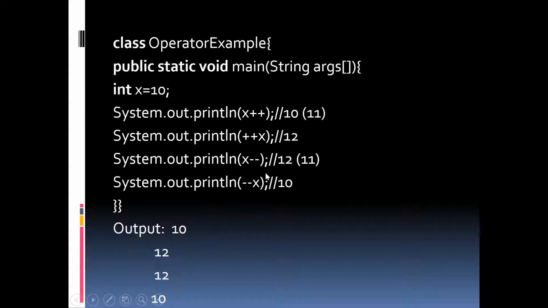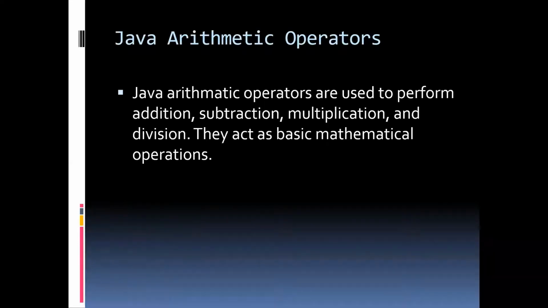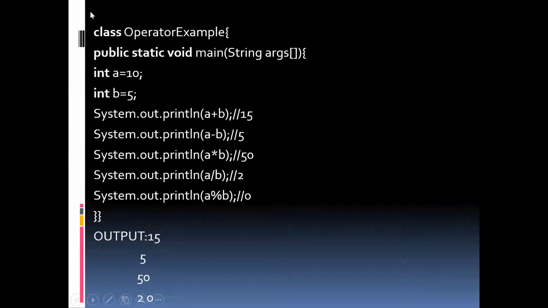Now moving on to the very well known arithmetic operators, because they are almost the same as the mathematical operations that we perform, like addition, subtraction, multiplication, and division. We use them in the same way to perform those kinds of operations, and you will see the program so that you can understand. See, a variable and b variable of int data types are present.